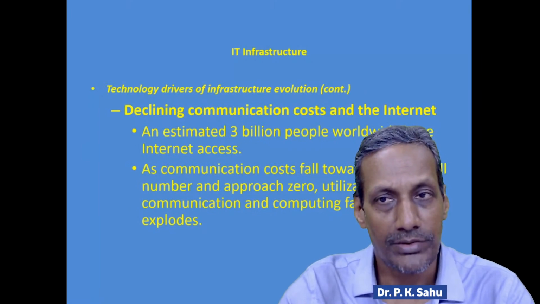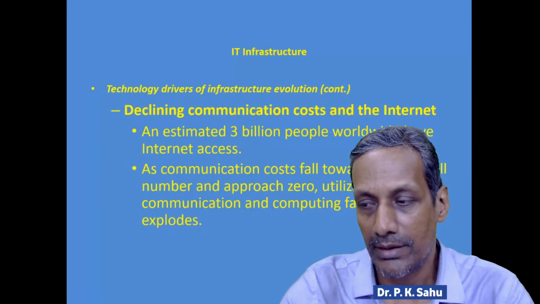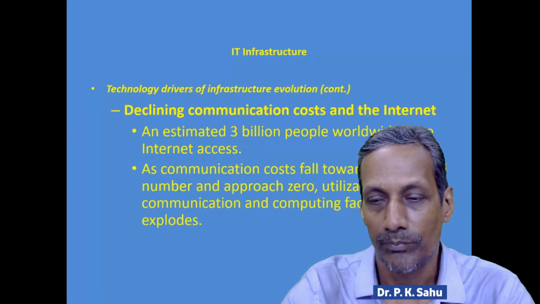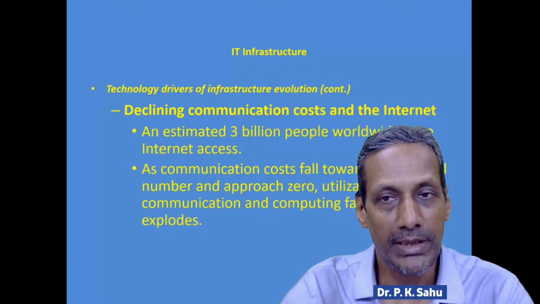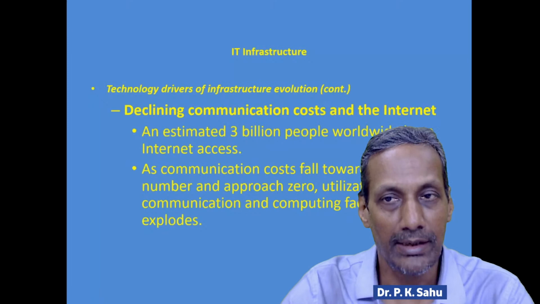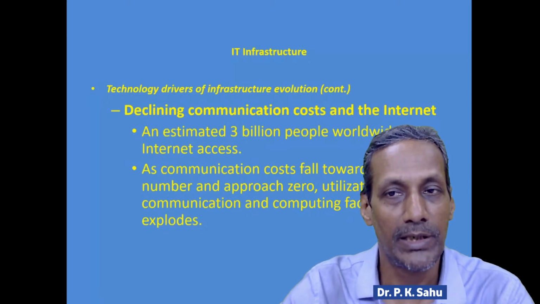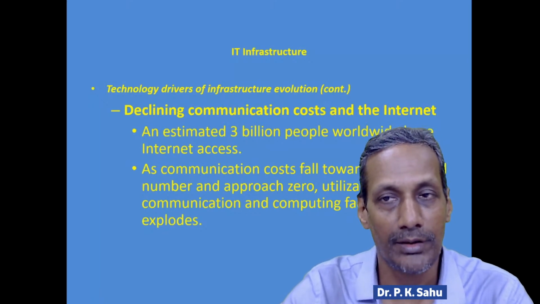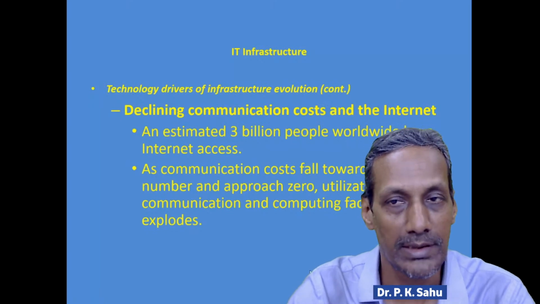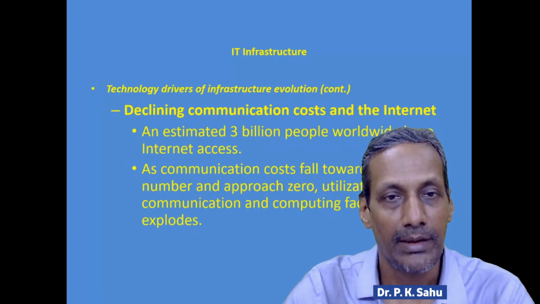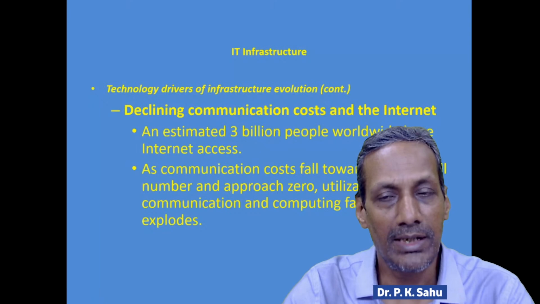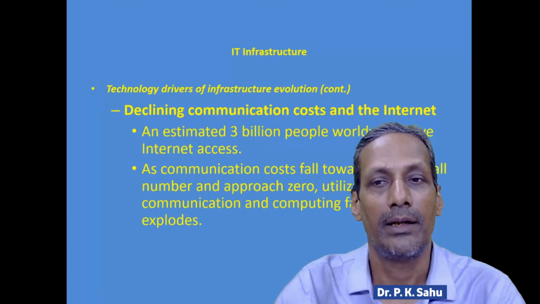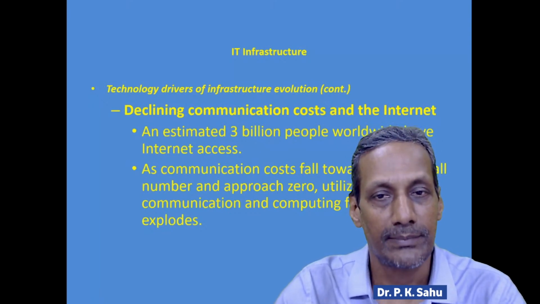Declining communication costs and the internet. It has also been found that communication costs are declining, and there has been a wide acceptance of the new cooperative network called the internet. An estimated 3 billion people worldwide have internet access.